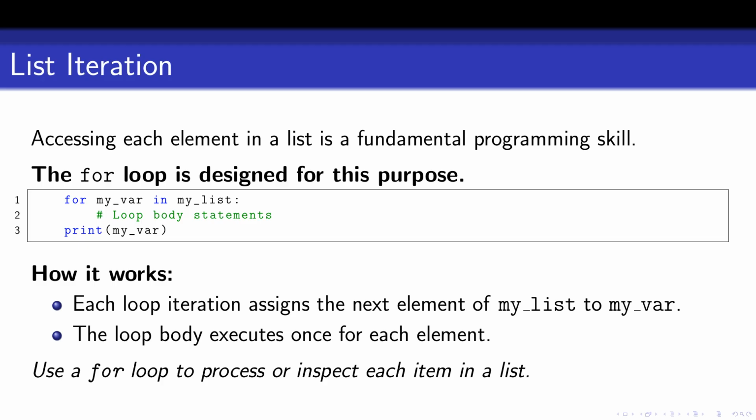For example, if you're iterating over a list of numbers, each number is accessed in order, and the loop body runs once per item. This type of iteration is ideal for tasks like printing, computing aggregates, applying transformations, or filtering data. It's one of the most readable and Pythonic ways to access list elements, and is preferred over traditional index-based loops, unless index access is explicitly required.